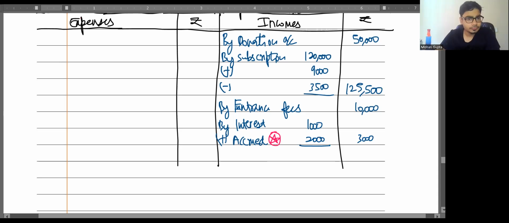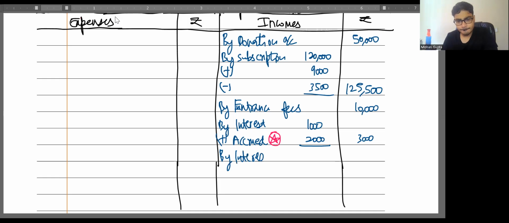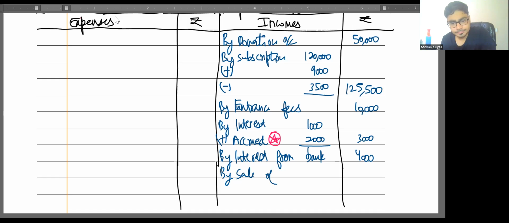Next, interest received from bank. Its value is 4,000. Then sale of old newspapers, which is 1,500.